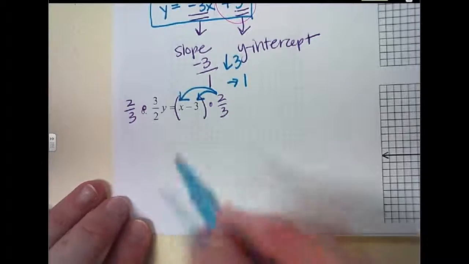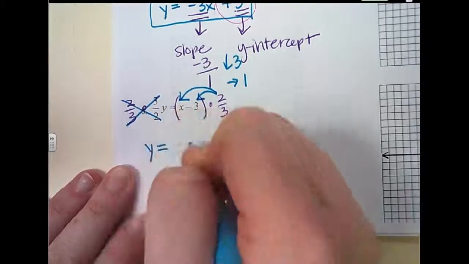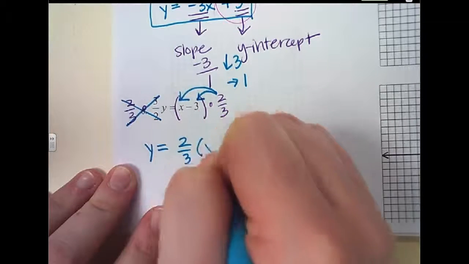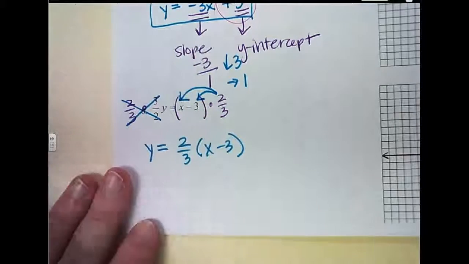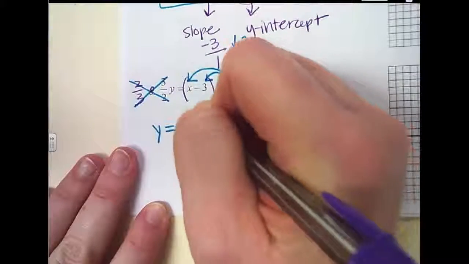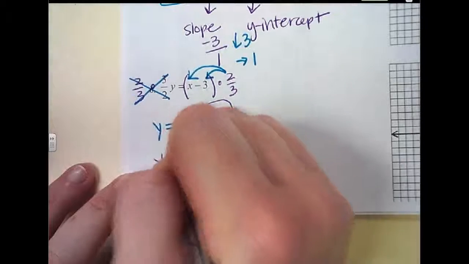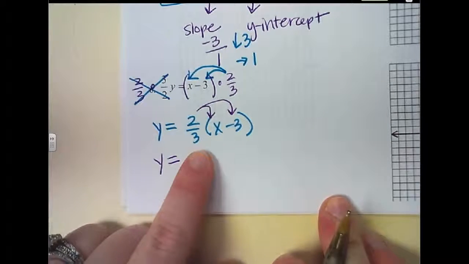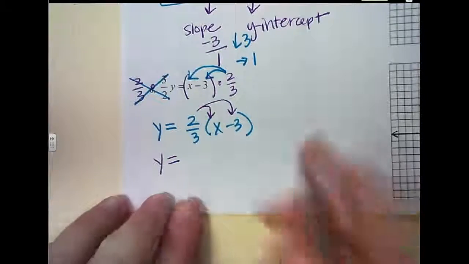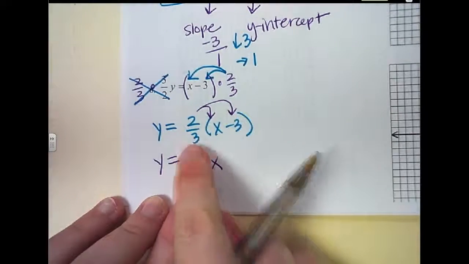So on the left-hand side, it cancels out. So I just have y equals, and I'm going to put the 2/3 in front so you can see what it looks like. And now I'm going to distribute. So y equals, what's 2/3 times x? 2/3 x. Then I have 2/3 times -3.